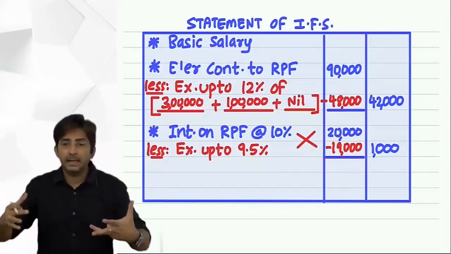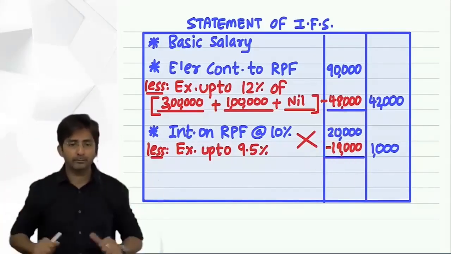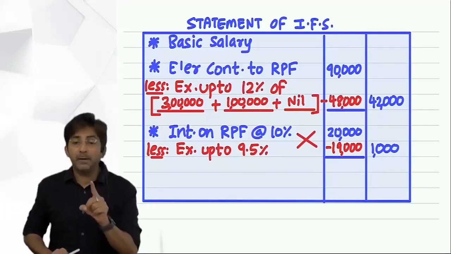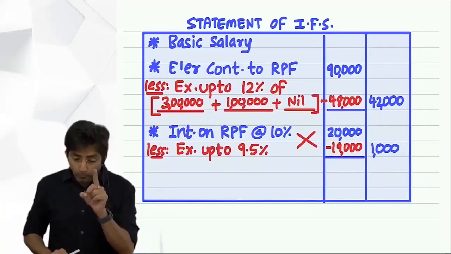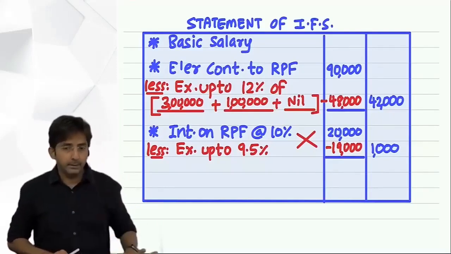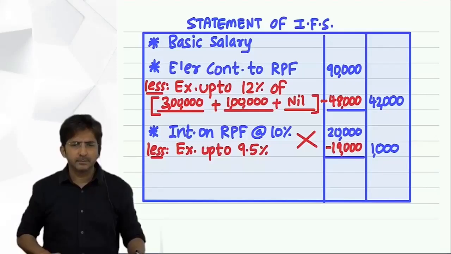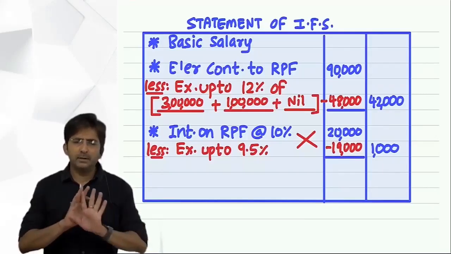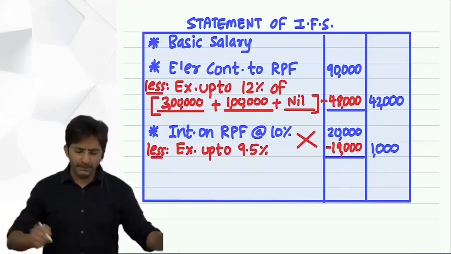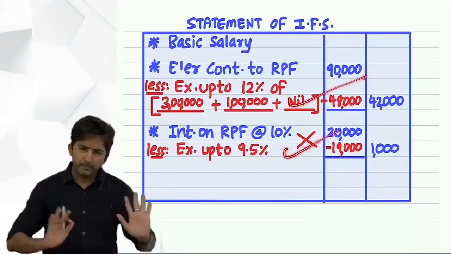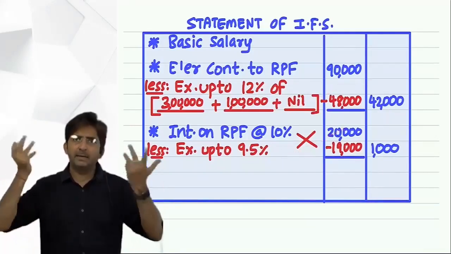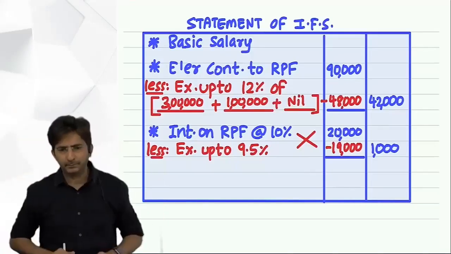And this is technically called exemption is withdrawn. Okay. But this will happen when? If you leave the job before 5 years. If you have worked exactly for 5 years, then your exemption will remain alive. Alive means what was exempted will remain exempt. And at the end, whatever you get will be tax free.